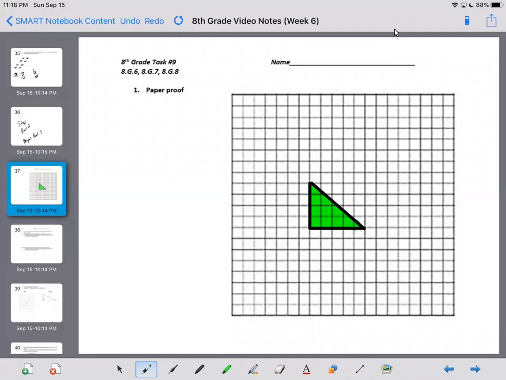So if the bottom leg is a 5, then what we're going to do is create a square that is a 5 by 5.